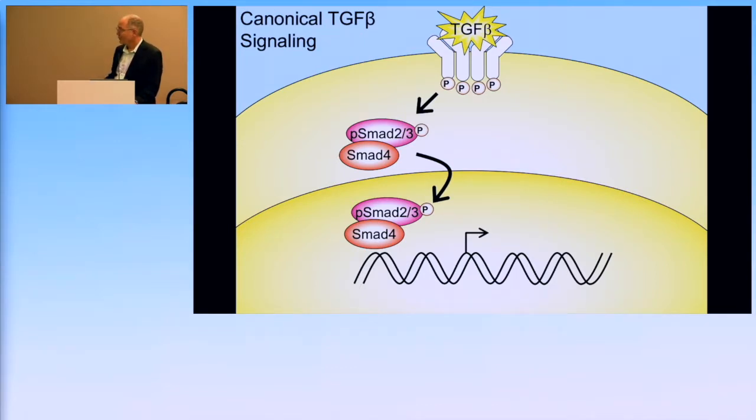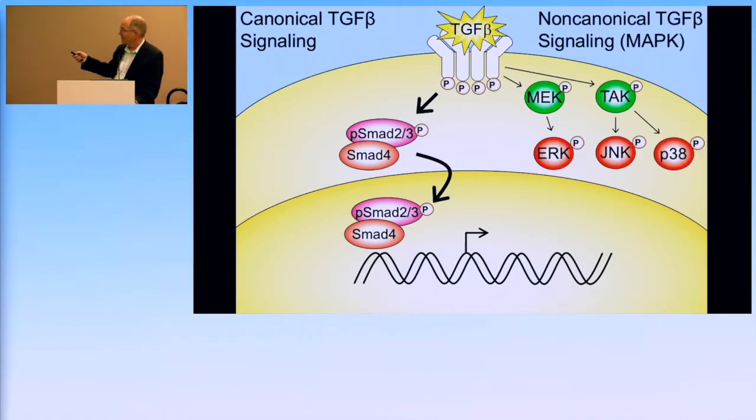So what I've talked to you about so far is the so-called canonical or SMAD-dependent TGF-beta signaling arm. But it's also known that stimulated TGF-beta receptors can activate so-called non-canonical pathways, prominently including the mitogen-activated protein kinases ERK, JNK, and P38.